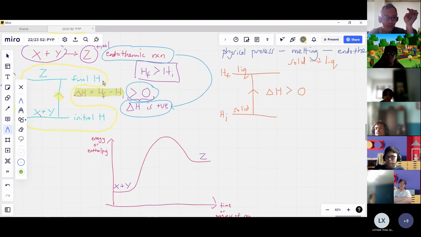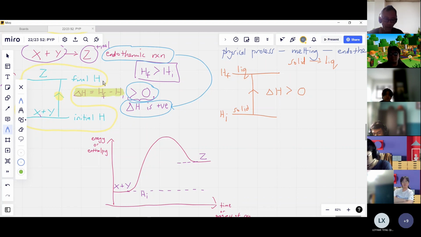Remember just now we did also extrapolate the dotted line. So this is initial, because it's at the beginning of time. Okay, initial enthalpy. And we can also draw another dotted line here for this horizontal portion.